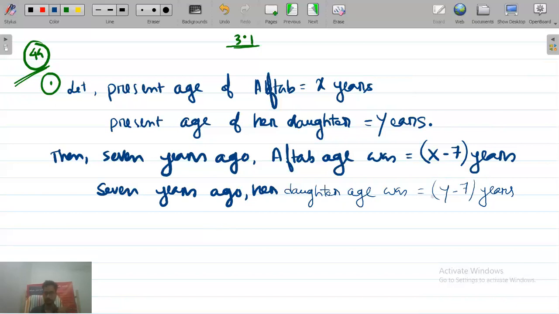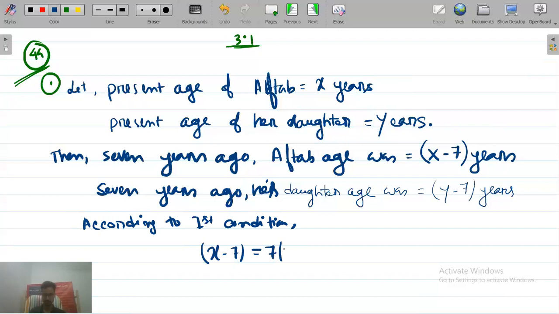That means 7 years ago, Aftab's age was 7 times his daughter's. This is the first condition.